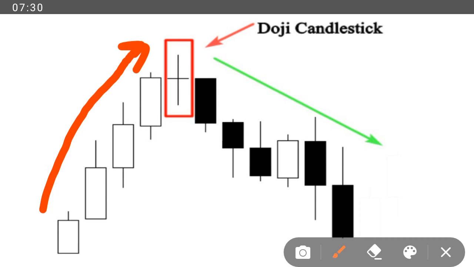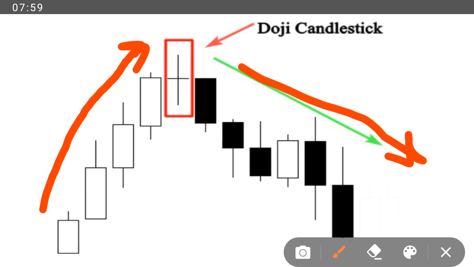After getting up there, a Doji candlestick formed. You can see the Doji candlestick in this box. Then what happened? A reversal took place and price started falling. It started falling.